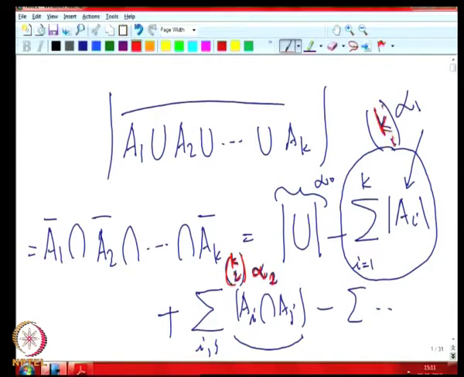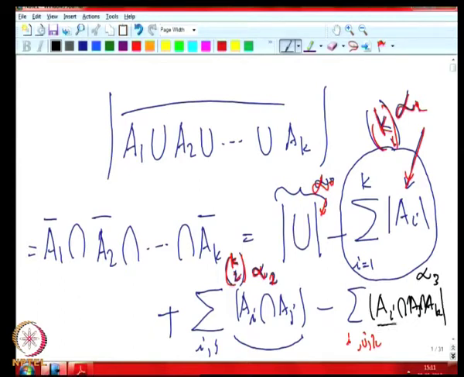So this is K choose 1 times alpha 1 for this, and this is alpha 0. And the next term, when i, j, k are considered, A_i intersection A_j intersection A_k always is alpha 3 irrespective of which i, j, k. So this sum will be K choose 3 into alpha 3.